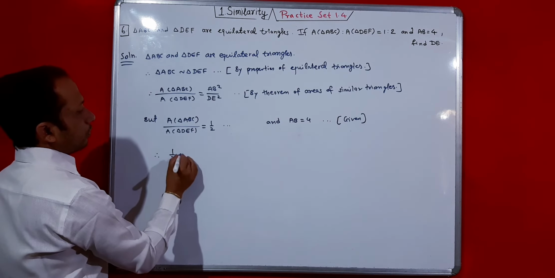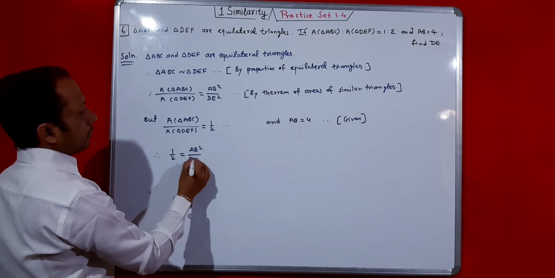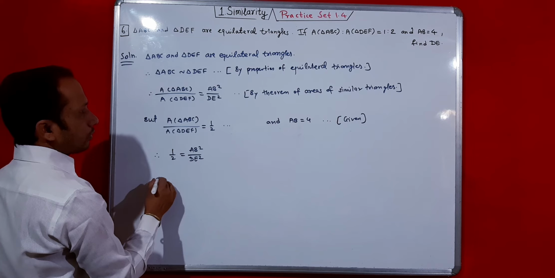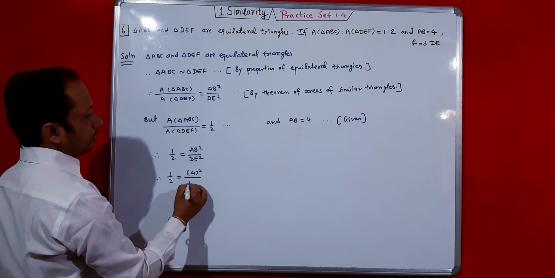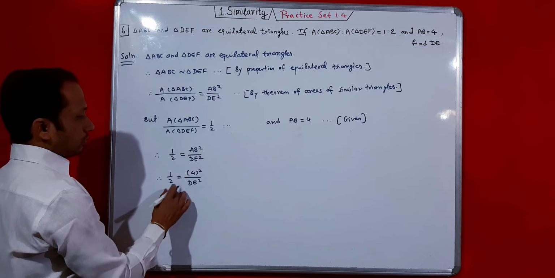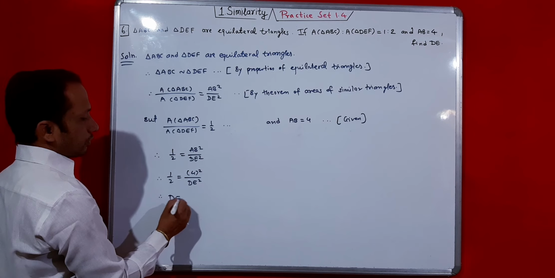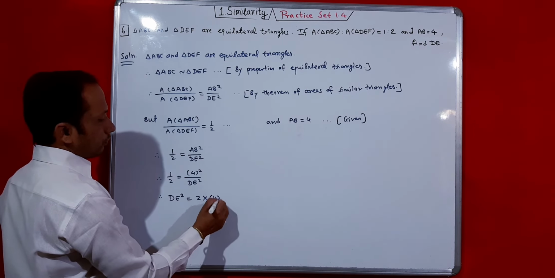Therefore 1 upon 2 is equal to AB square upon d square. Okay, AB square means what? 4 square. 1 upon 2 equals 4 square upon d square. Now this will go to this side, therefore d square is equal to 2 into 4 square.